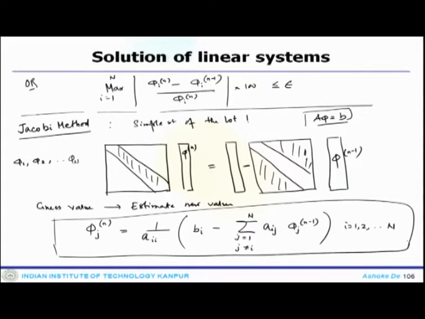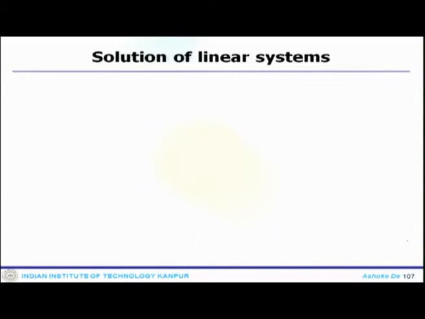Now once you get this generic equation, then you can actually form some sort of a matrix, like I can have a11, a22 and so on up to a_nn.